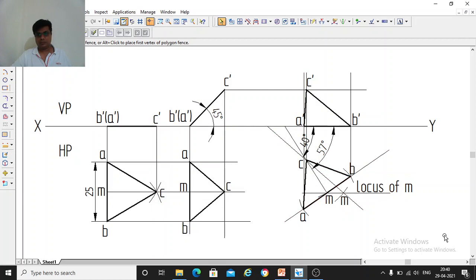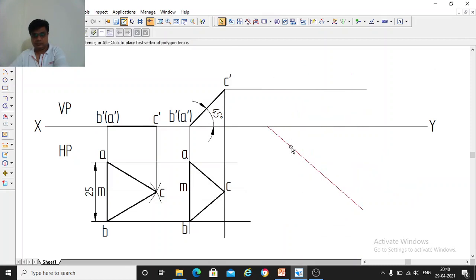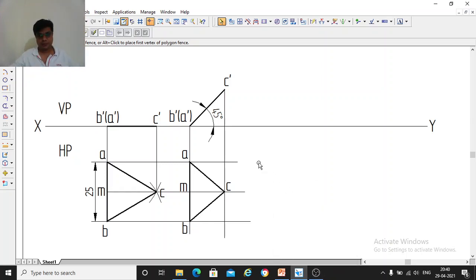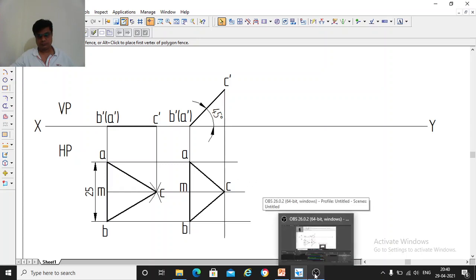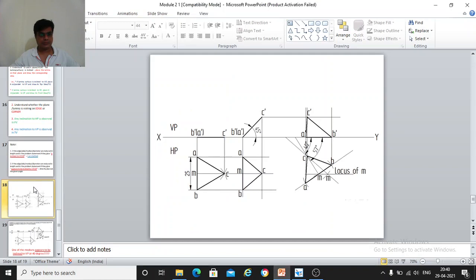So now I'll remove this part. Okay, so if the problem is slightly changed, you see what happens.